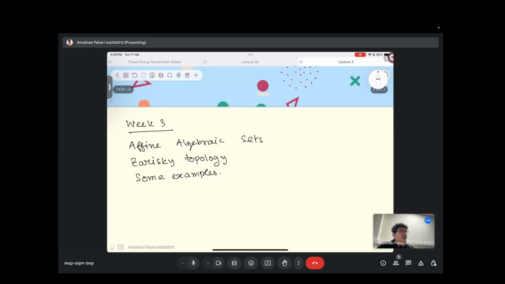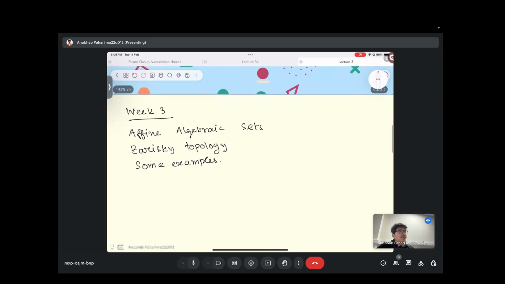So today we'll be doing first some exercises based on these 3 examples.